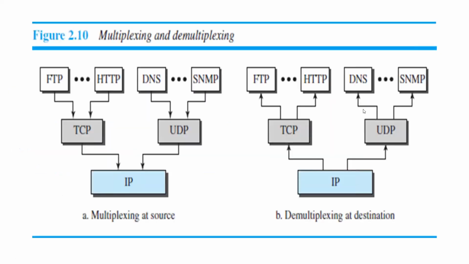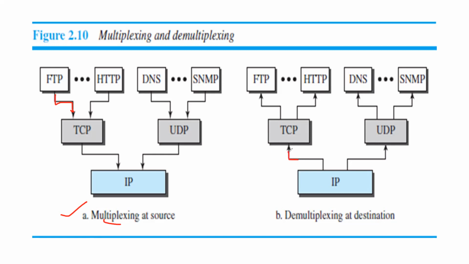So this is how multiplexing and demultiplexing work. Here, at the source node, we are accepting the frames in order to multiplex. With respect to demultiplexing, we are delivering the frames or the data.